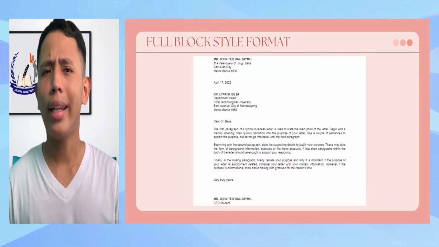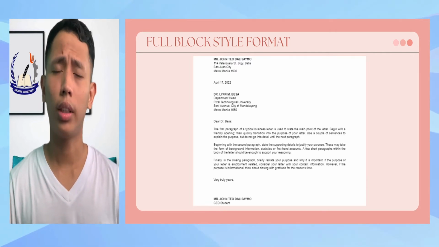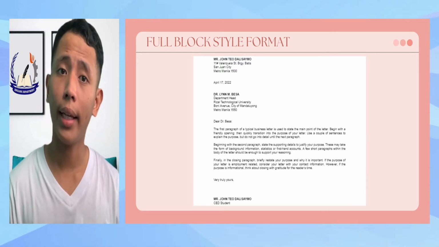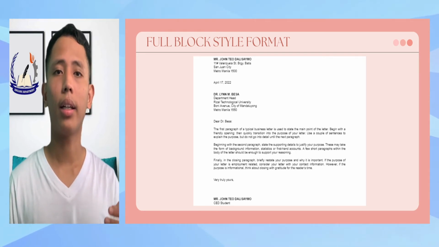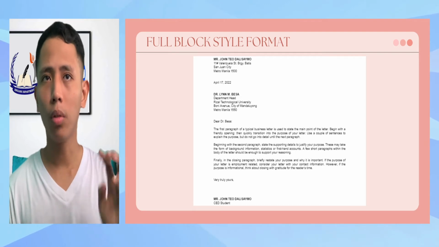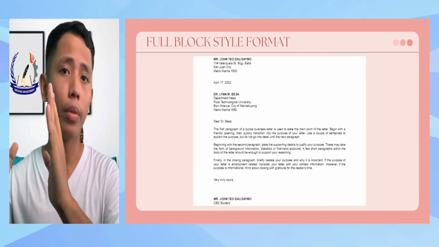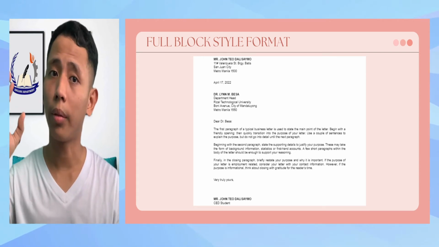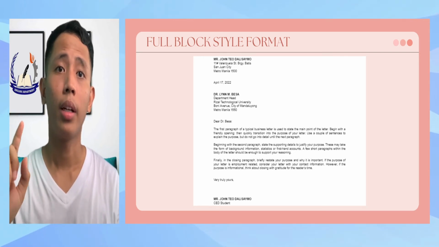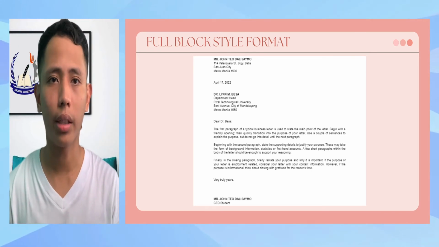Okay, so let's take a look at the different style formats in writing a letter in technical communication. First up, in the full block style format, you could see that all of the elements, starting from the letterhead up until the signatory part, are all aligned on the left side.